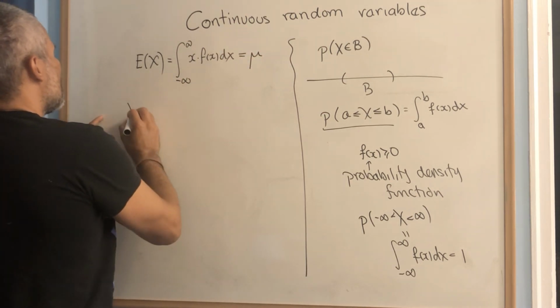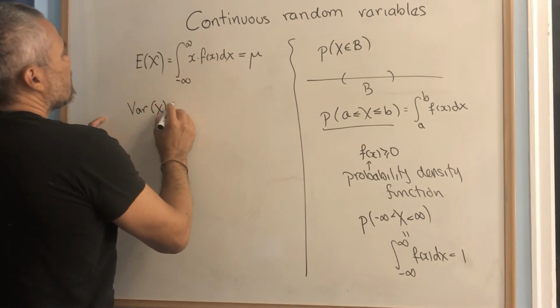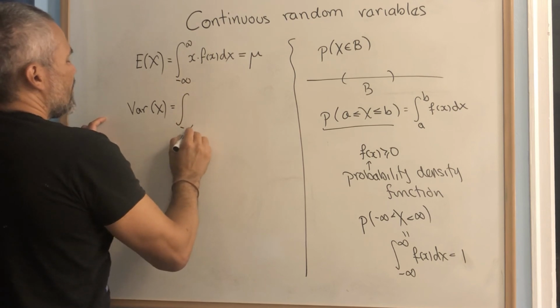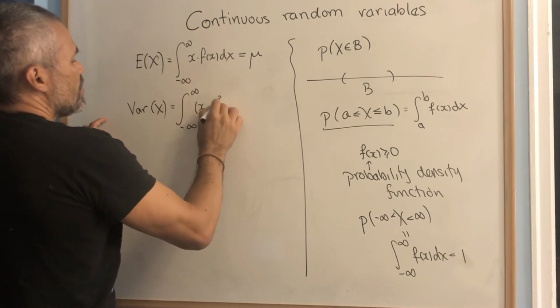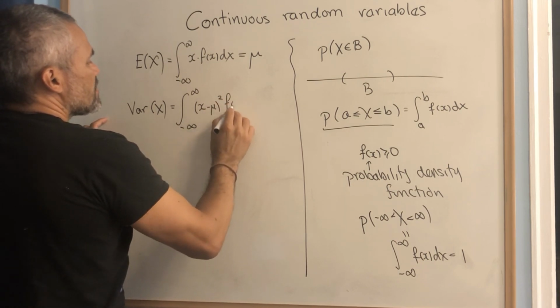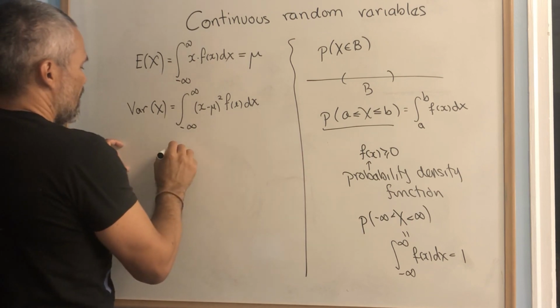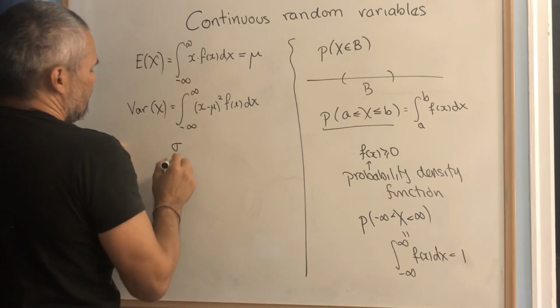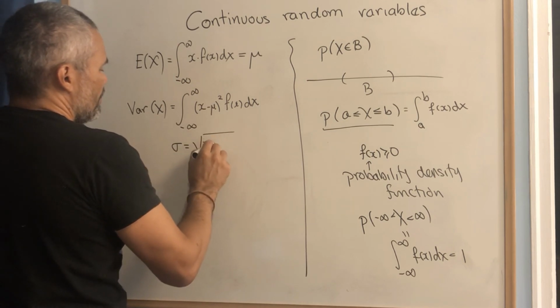We can also compute the variance of x, which is the integral from negative infinity to infinity of x minus mu squared times f of x dx. And we can compute the standard deviation as the square root of the variance.